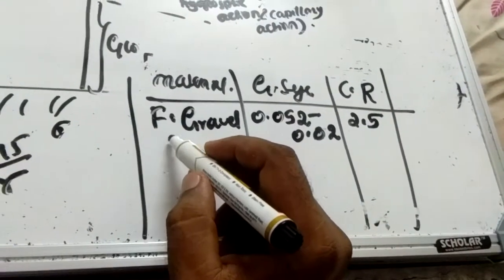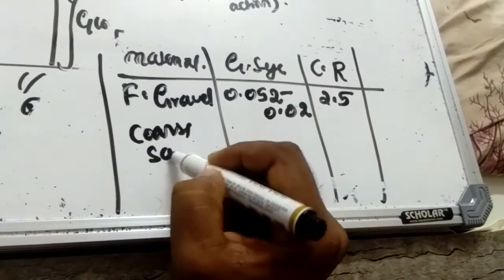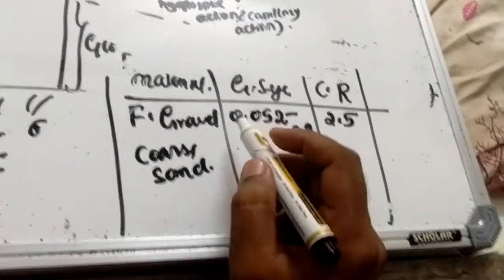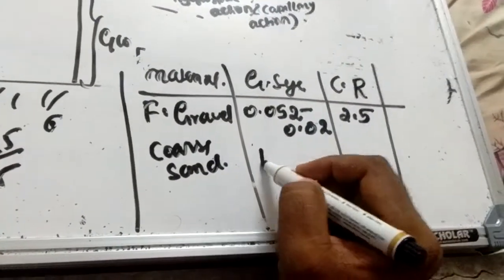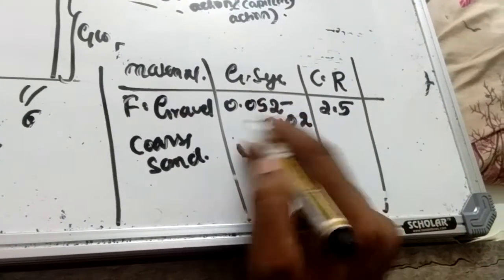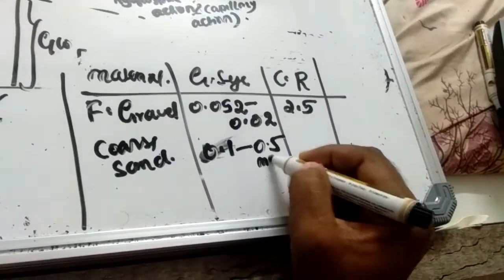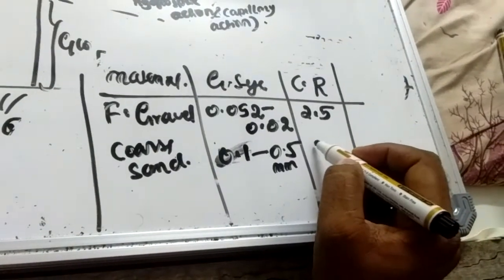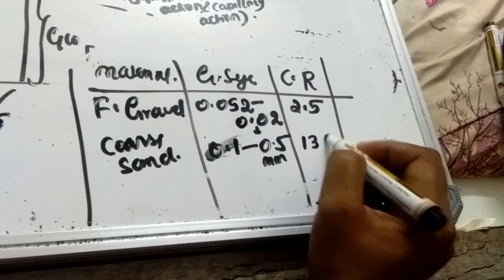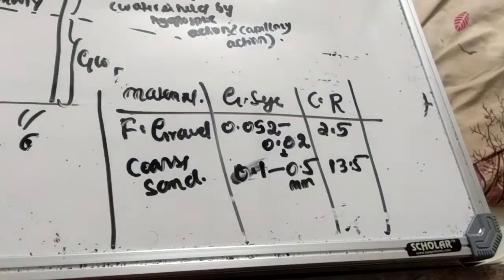So here we can say coarse sand, for which the grain size is 0.1 to 0.5 millimeter. It has a capillary rise of 13.5 centimeter.